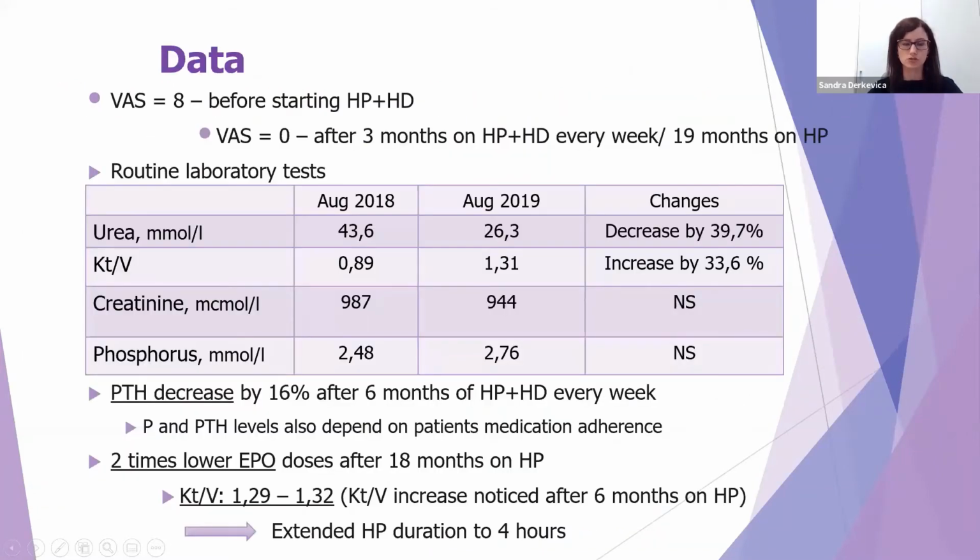For our patient, before starting hemoperfusion, the rating on the visual analog scale was 8, but after 3 months on hemoperfusion every week, this rating was 0.